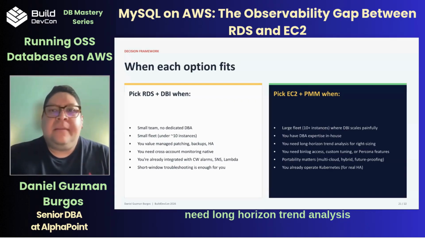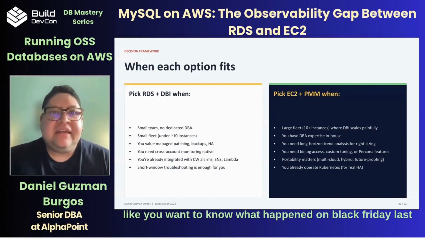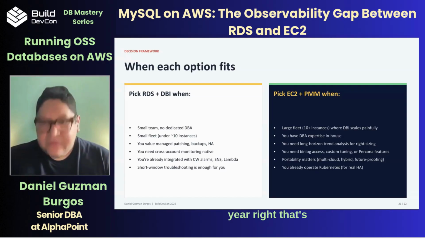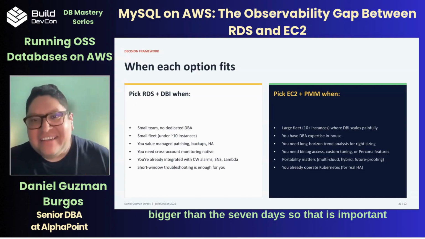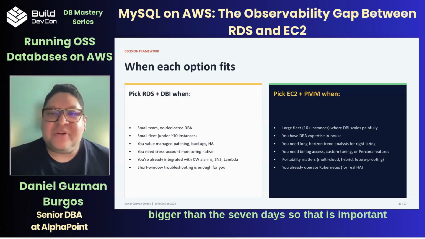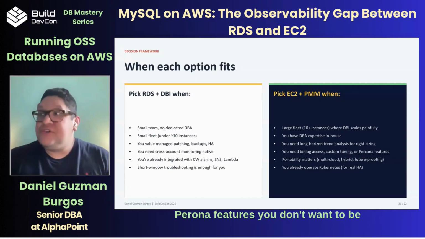You need long-horizon trend analysis. Like you want to know what happened on Black Friday last year, right? That's bigger than the 7 days. So that is important. You need log access, you need custom tuning, you want Percona features.